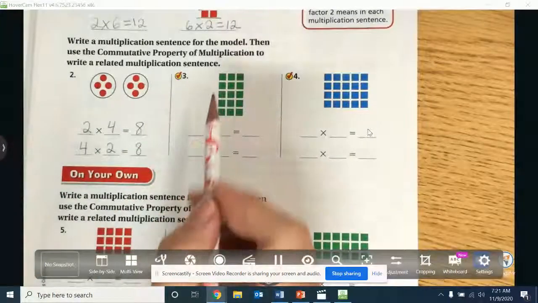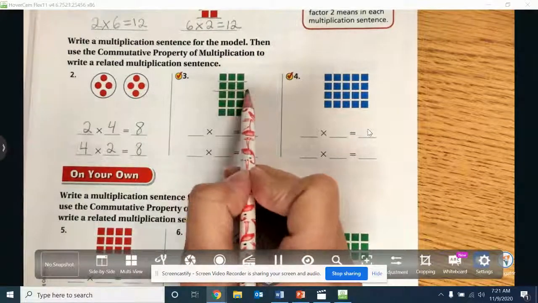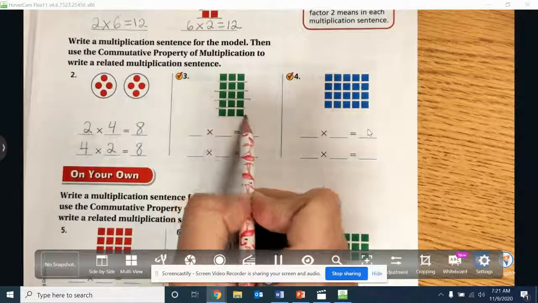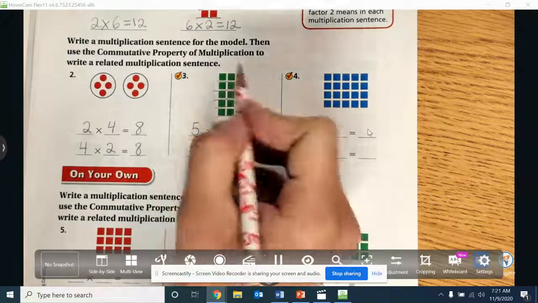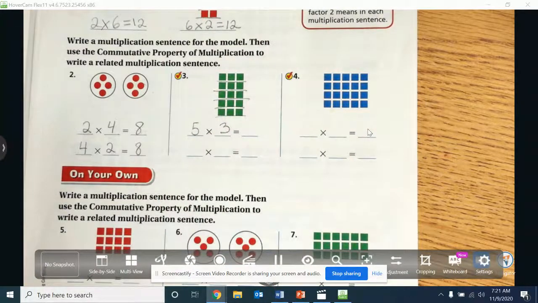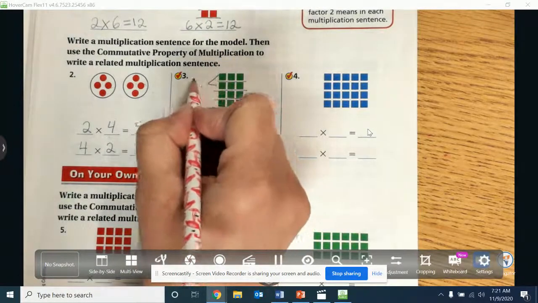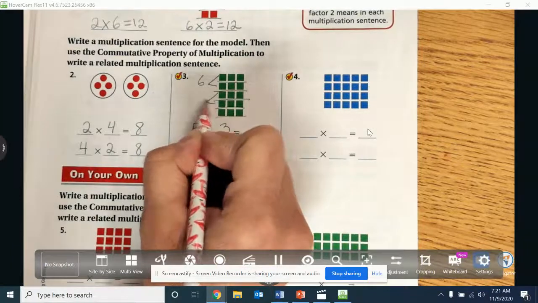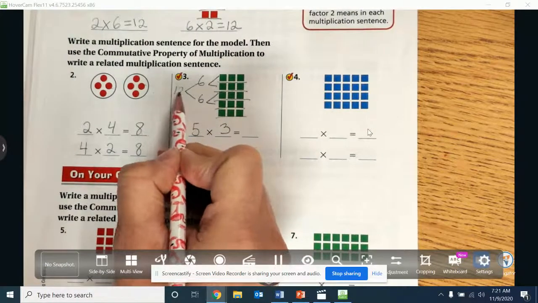Let's do number 3. First of all, we need to count how many rows there are. 1, 2, 3, 4, 5. 5 rows of how many? 1, 2, 3. So you can count them one by one or 3 by 3. 3 and 3 is 6. 3 and 3 is 6. 6 plus 6 is 12.